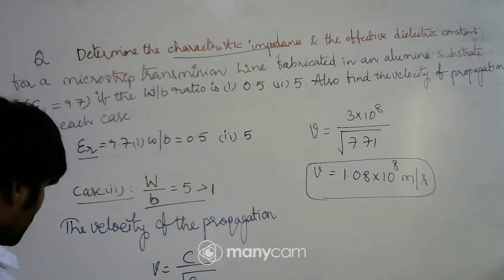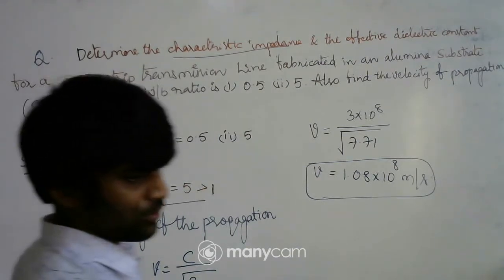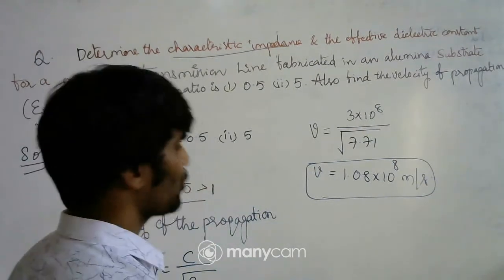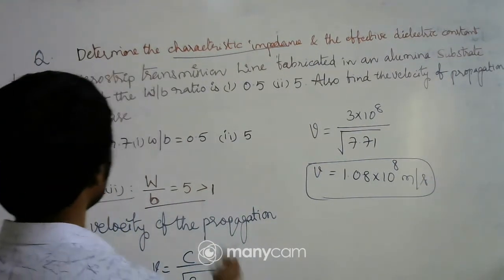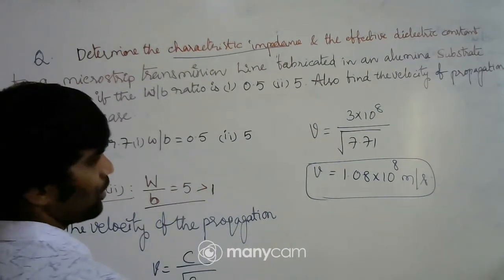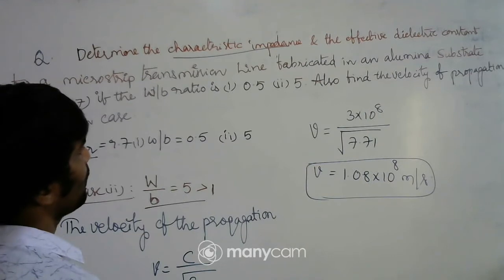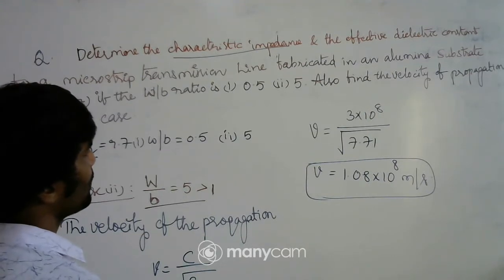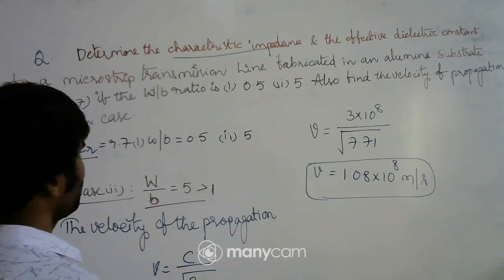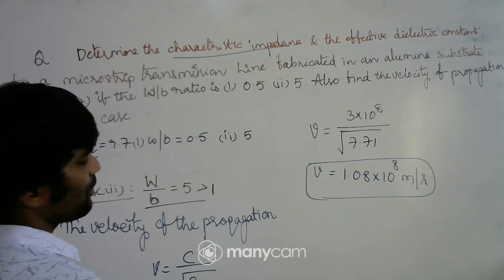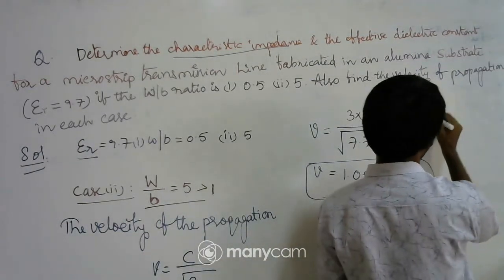Okay, like that you need to find out the values. Now before that, you need to remember the formulas. Let us assume the W by B value is equal to 0.5. The formula for the effective dielectric constant for a microstrip line: epsilon effective is equals to, you need to remember those two formulas.